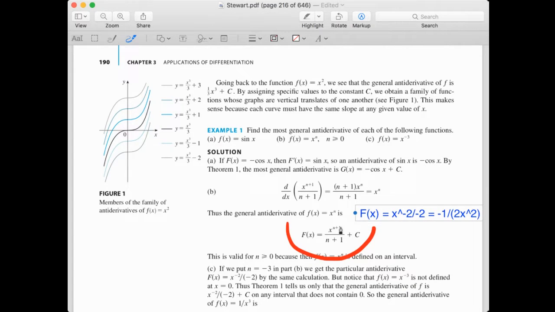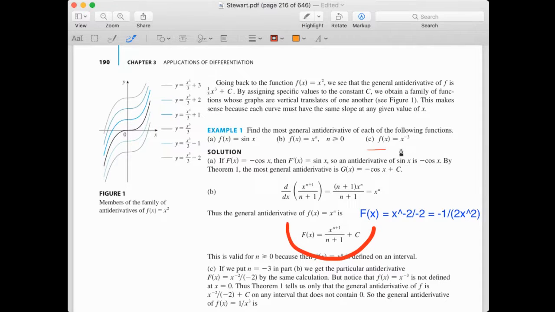We will call this step the antiderivative power rule. So what do we do? We add 1 to the exponent. Let's look at C, for example. We add 1 to the exponent. You see, it's the opposite to when we take derivatives. When we take a derivative, we subtract 1 from the exponent. But for an antiderivative, we add 1 to the exponent. Then we divide by the new exponent. Negative 3 plus 1 is negative 2.